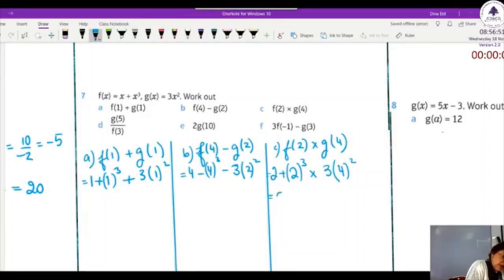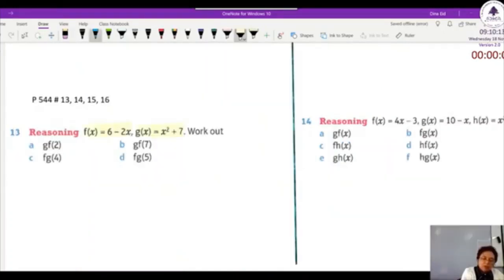So you evaluate 2 plus 8, multiplied by 16 times 3, 48. So 10 times 48 is equal to 480.